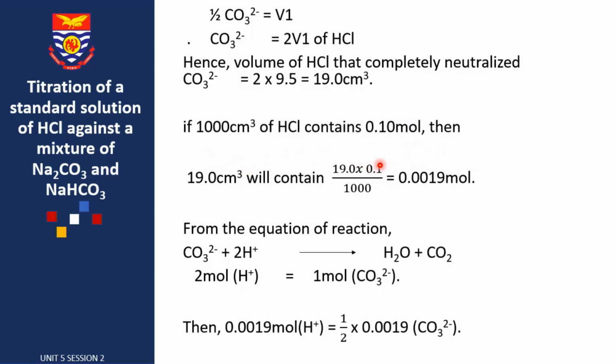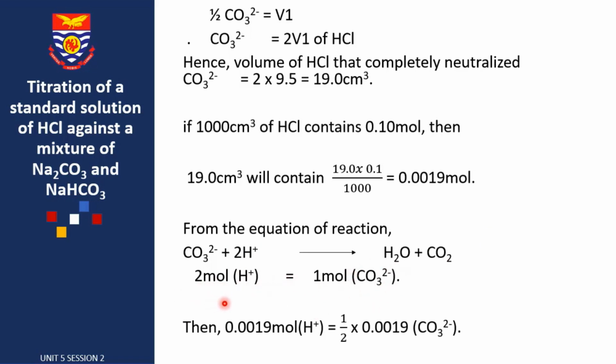If 1000 contains 0.1, then 19.0 would contain 0.0019 moles. This is the moles in the 19.0, and it is this volume that reacted with the carbonate. So we need the equation of reaction to get the mole ratio, and from this balanced equation, the mole ratio is 2:1.